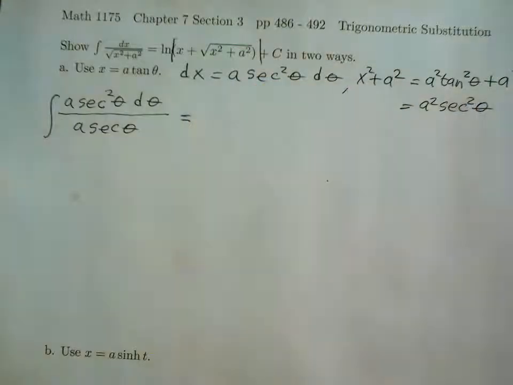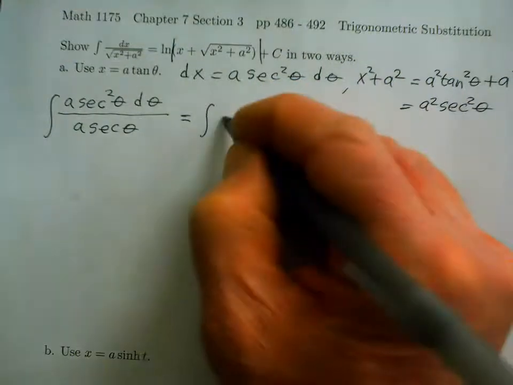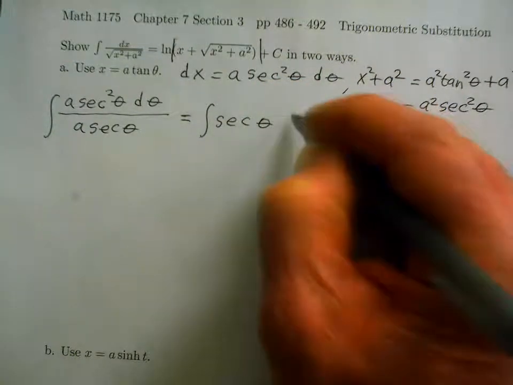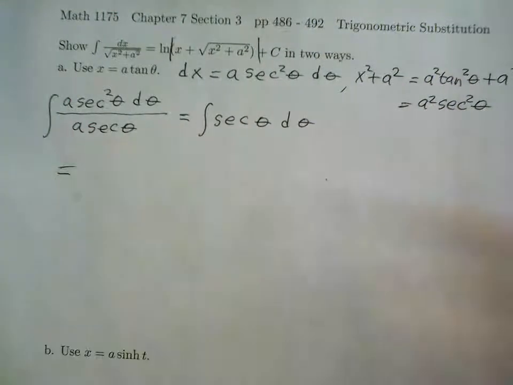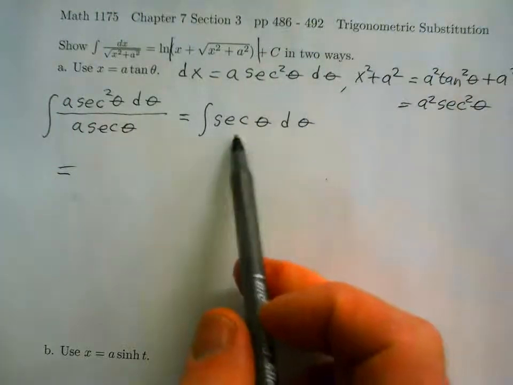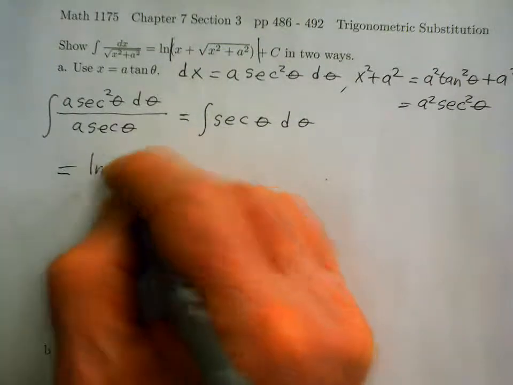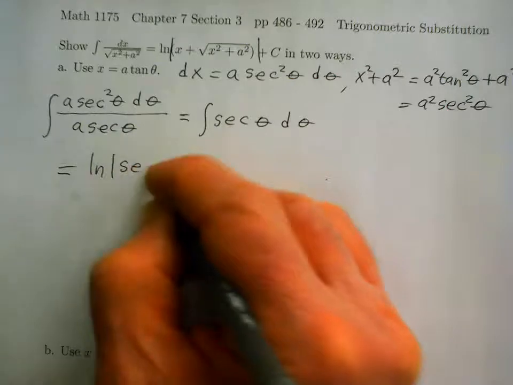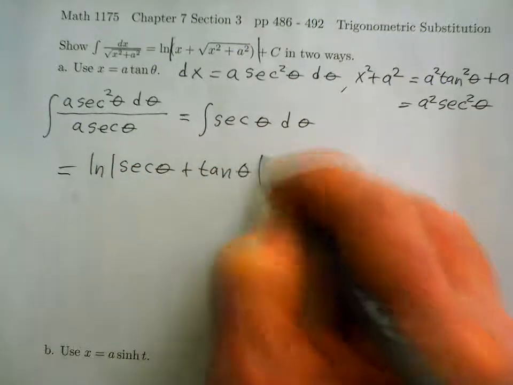A divided by a cancels, one factor of secant of theta cancels, so we get the indefinite integral of secant of theta d theta. So the indefinite integral of secant of theta d theta is the natural log of the absolute value of secant of theta plus tangent of theta plus a constant.